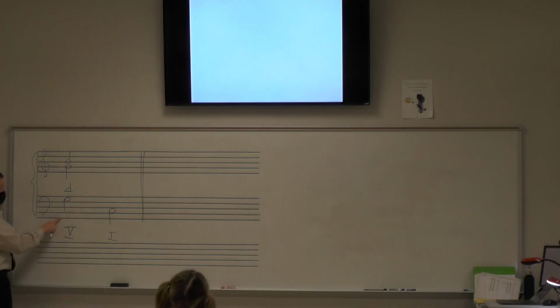So think about this. The five chord in this key is G, B, D. This chord here is C, E, G. What's the one pitch that's shared between the two chords? G, right? You'll always have one common tone between two chords whose roots are a fourth or fifth apart. Always.